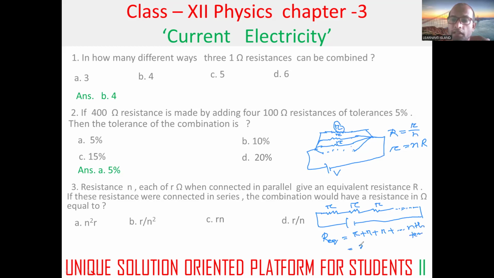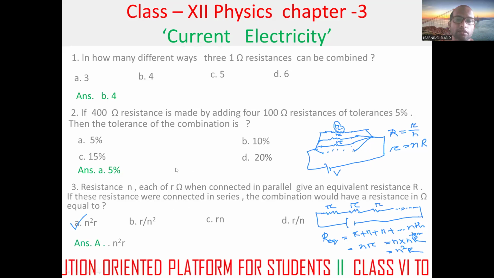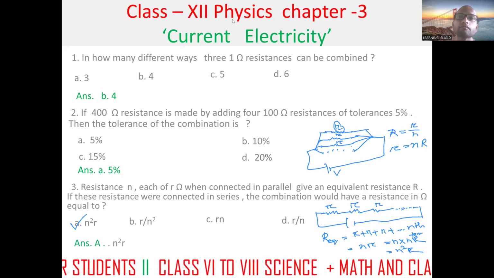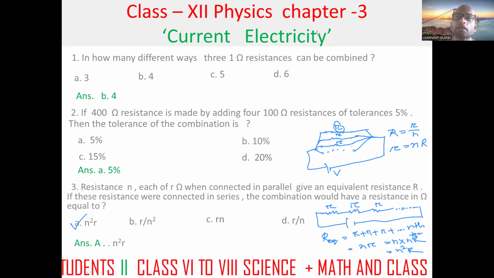So this would be n into small r. So if you put the value of r here, n into capital R, so n into nR, that is n square R. So is there any option like this? Yes, option A. So this would be the answer. Hope you understood this. So let us see the answer. So this is the answer. Now we will go to the next question.